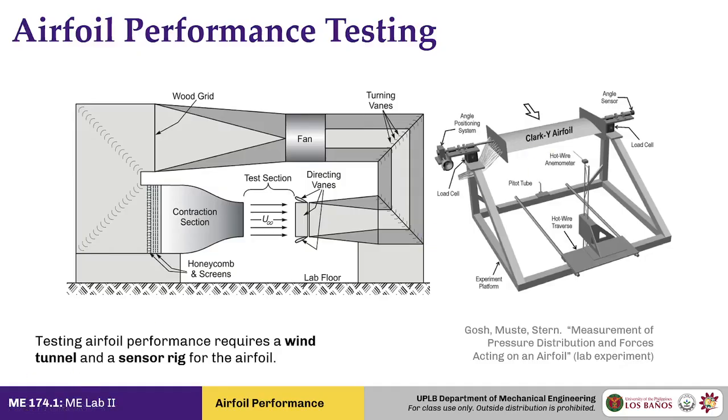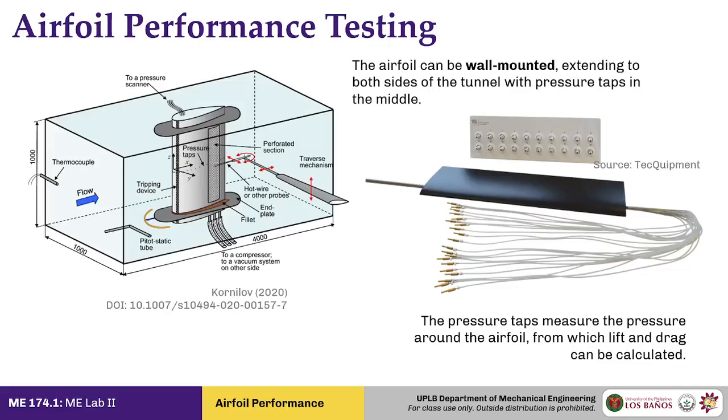Now, there are two ways to measure the lift, drag, and other forces, other relevant criteria on an airfoil. The first one is usually the one most research centers go for, and that is the wall-mounted pressure tap airfoil. So there are two configurations. You can have it wall-mounted like this.